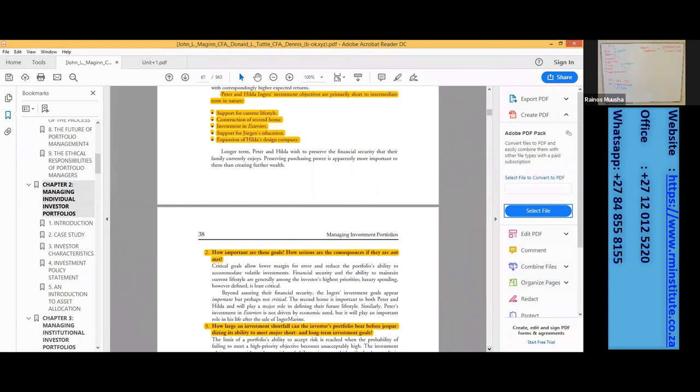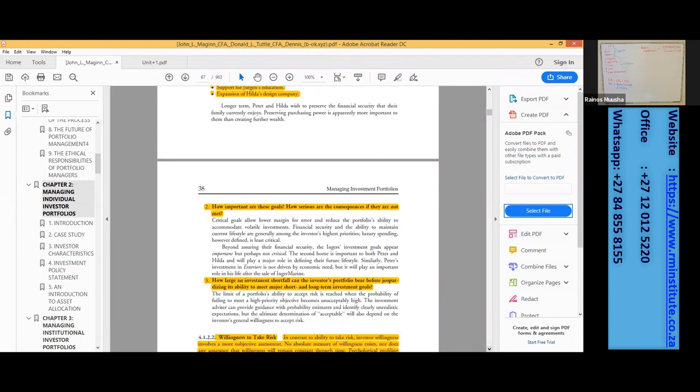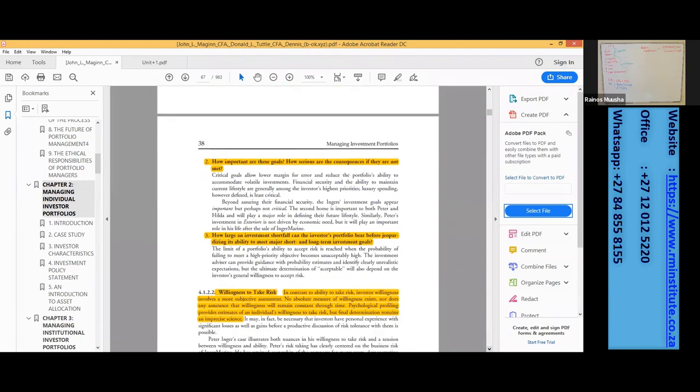Then the next question that you have to ask yourself, or ask the investor, is how important are these goals and how serious are the consequences of them not being met? If you check here, they say beyond assuring their financial security, the Inga investment goals appear important but perhaps not critical.